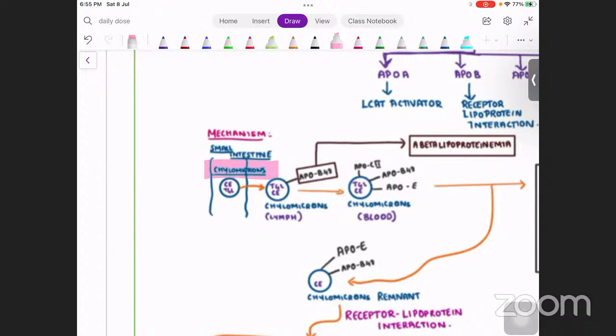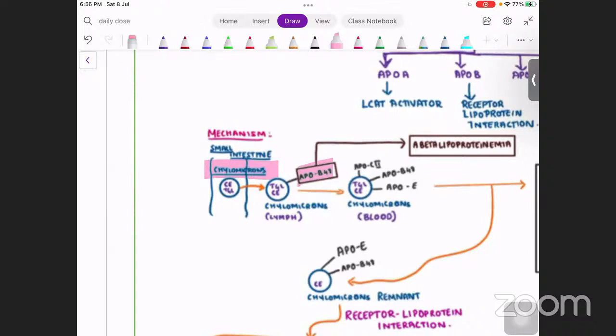In order to come out, it requires an apoprotein, called apoprotein B48, where this chylomicron will combine with apoprotein B48.